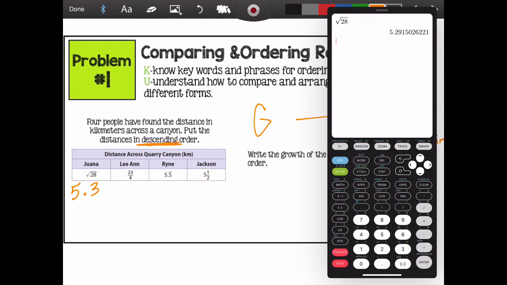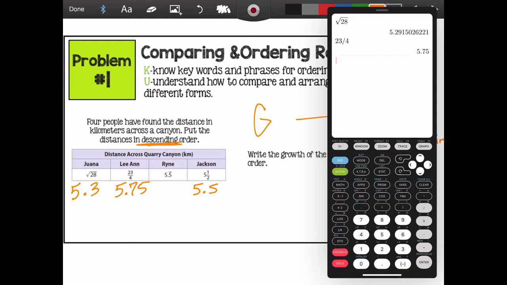We just take the numerator and divide it by the denominator, and that's essentially how you can put it in your calculator. So I'm going to take the numerator 23, divide it by the denominator 4, and I'm going to get 5.75. Rain, we don't have to worry about. That's already in decimal form. And Jackson, 5 1/2 is one of those benchmark fractions that you should already know, which is 5.5.